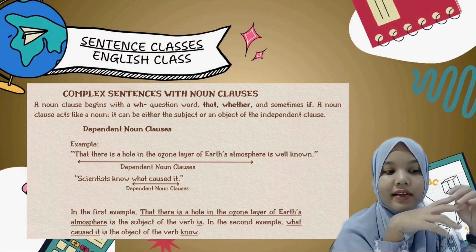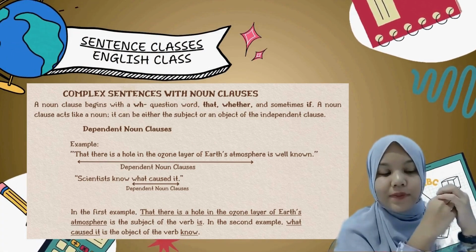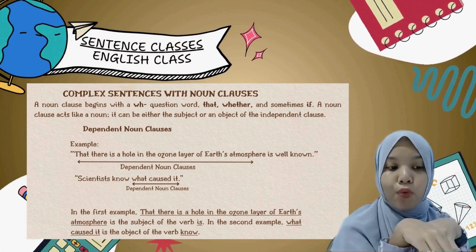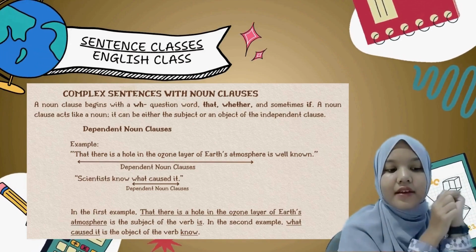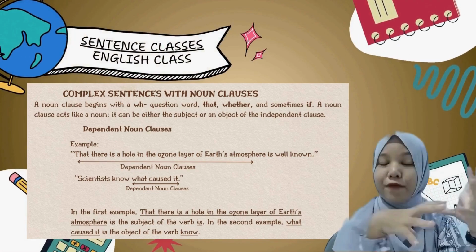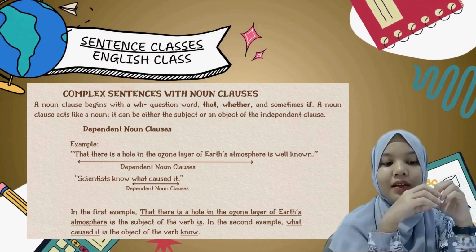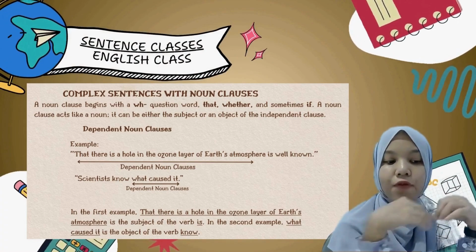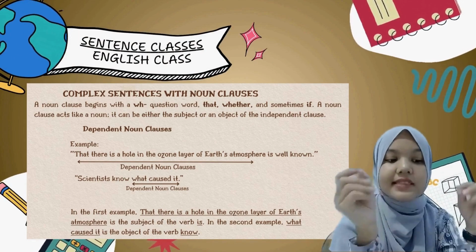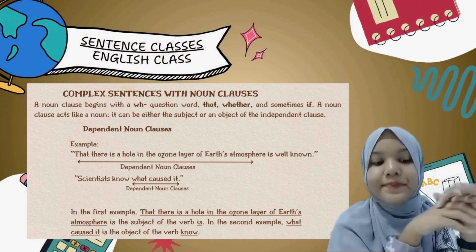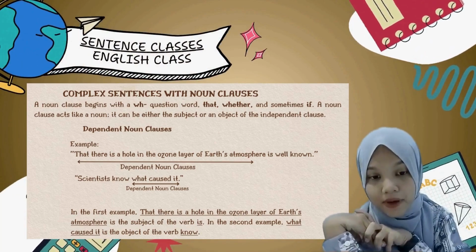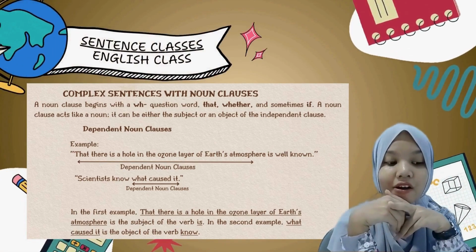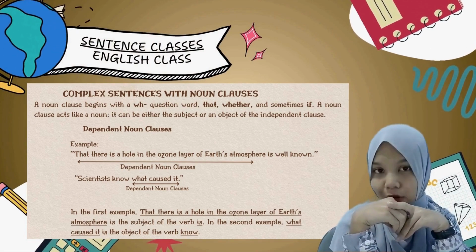Here is the dependent noun clause. The next example is: scientists know what caused it. In the first example, that there is a hole in the ozone layer of Earth's atmosphere is the subject of the verb is. In the second example, what caused it is the object of the verb know.